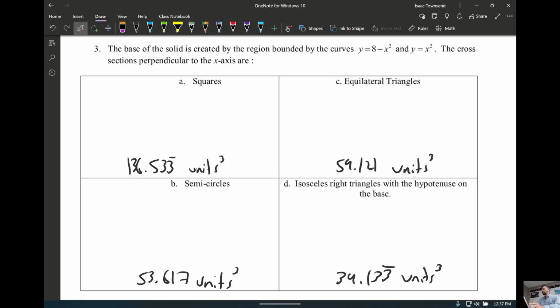And then what about x=0? It's going to be 6 the whole time, minus the x.